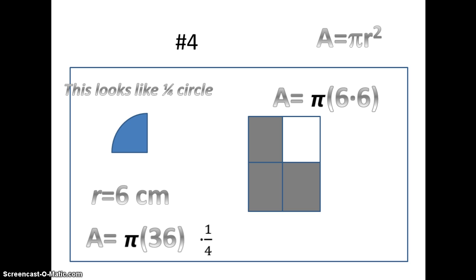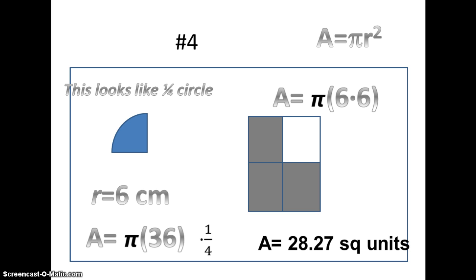I'll give you a few seconds to do that. I'm going to give you the answer in 5, 4, 3, 2, 1. There you go. So the area of a quarter of that circle is 28.27.